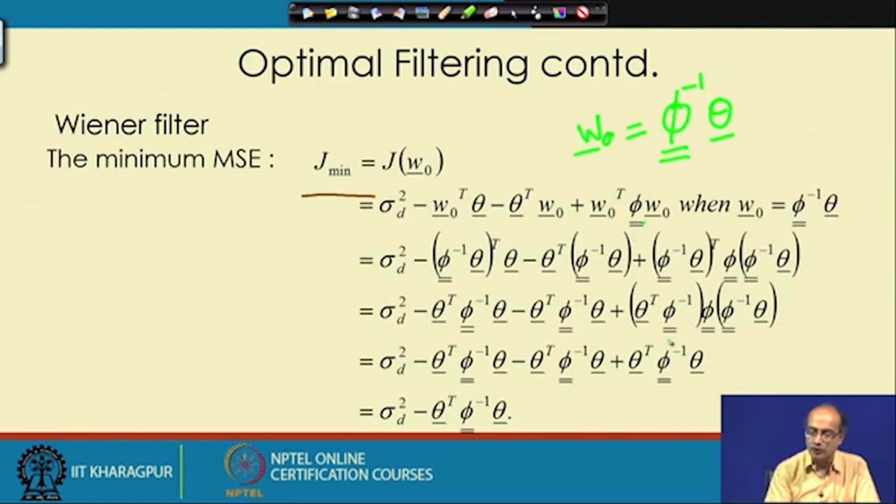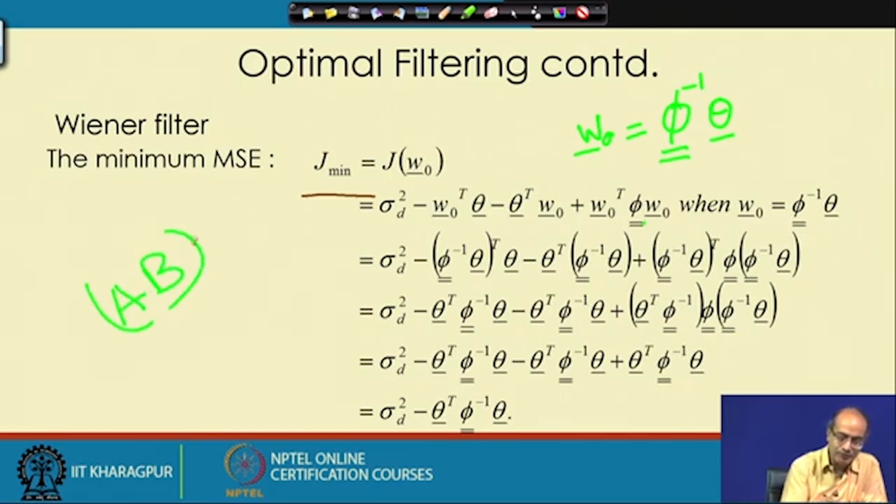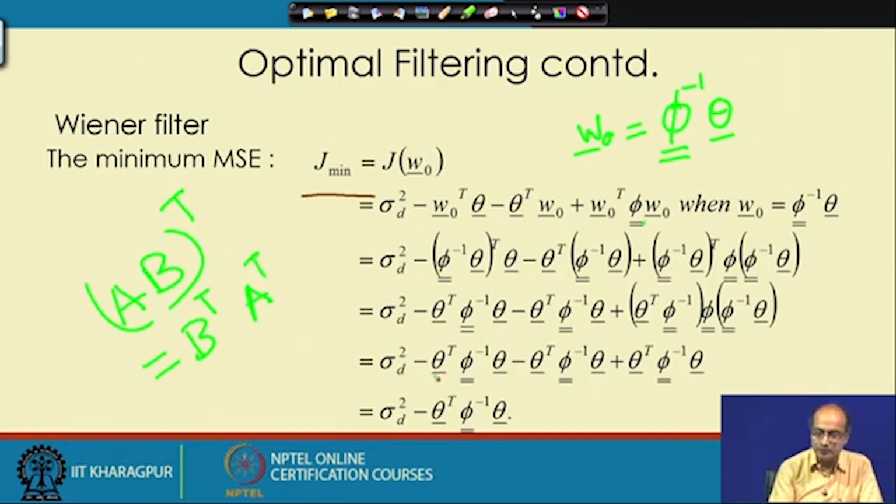As we replace W 0 in the 3rd line with this value, we make use of the fact that if we have 2 matrices A and B, the transpose of the product is B transposed A transposed.